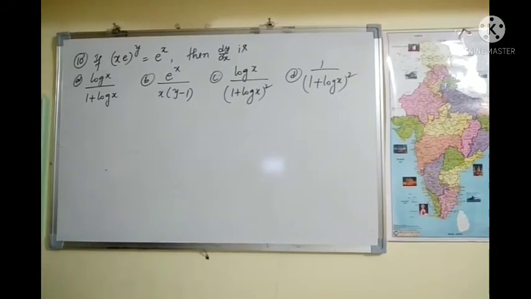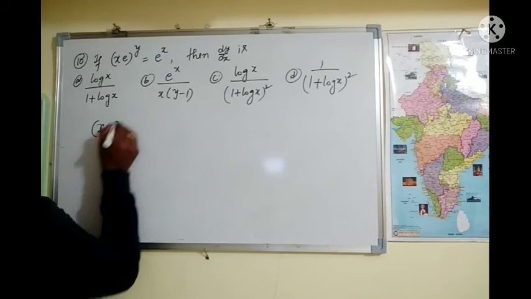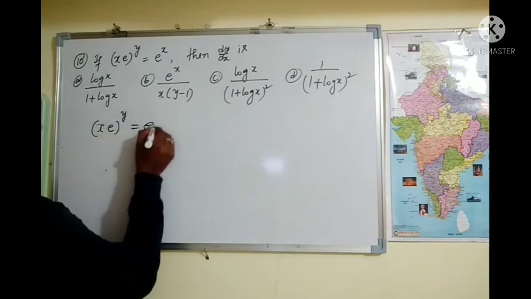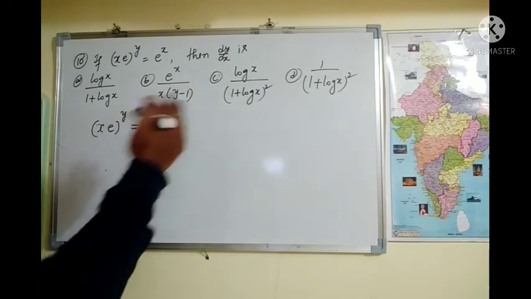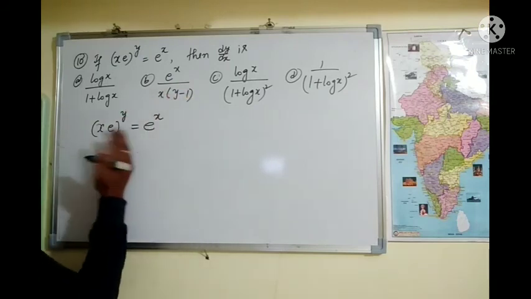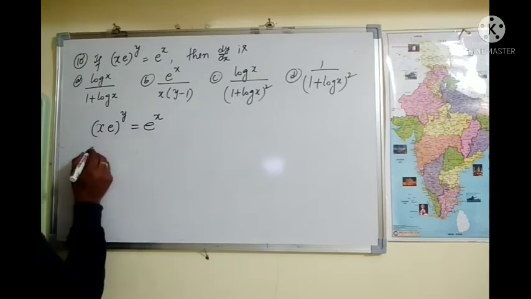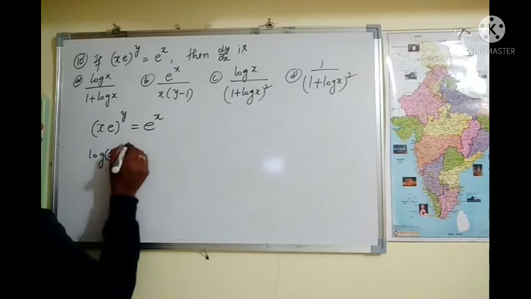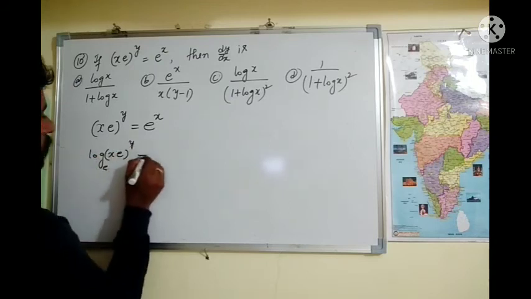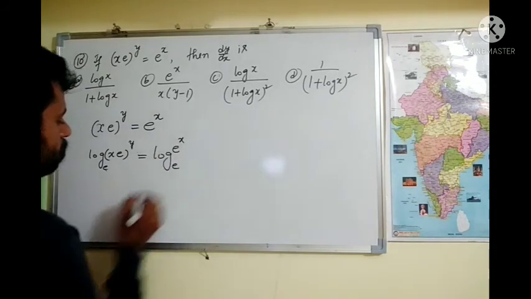Okay, next example. (x e) whole to the power y is equal to e to the power x. See, now here we have the power form, u to the power v result form. Now take log on both sides. Log of (x e) to the power y, base e understood, is equal to log of e to the power x, base e.